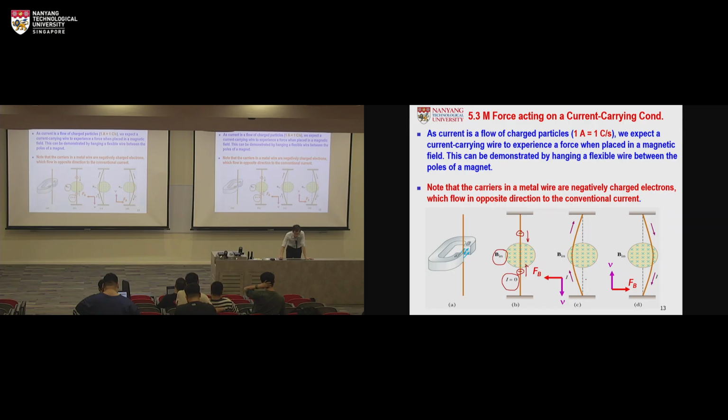So overall, if you don't have a current flow, you will not have a magnetic force. Right? And if you have a finite I, then you will have a finite magnetic force. If you reverse the direction of I, basically you reverse the direction of the moving charge, and of course you are going to reverse the direction of F_B, right?